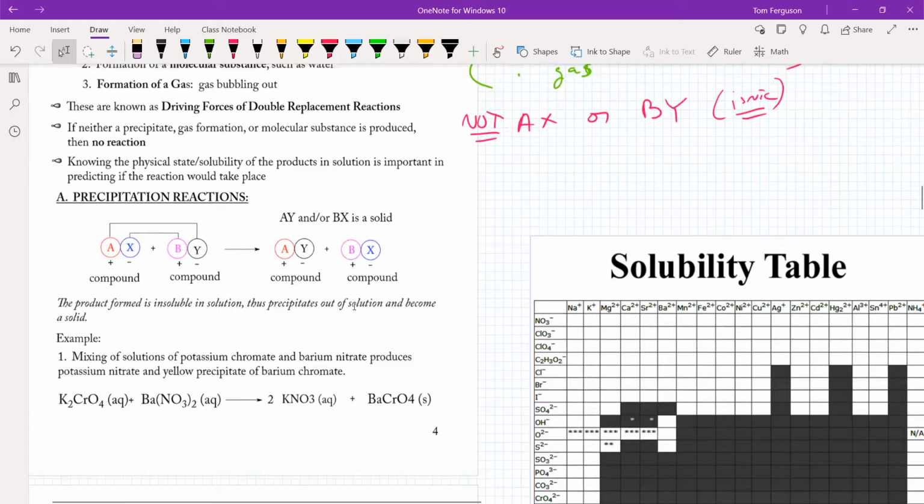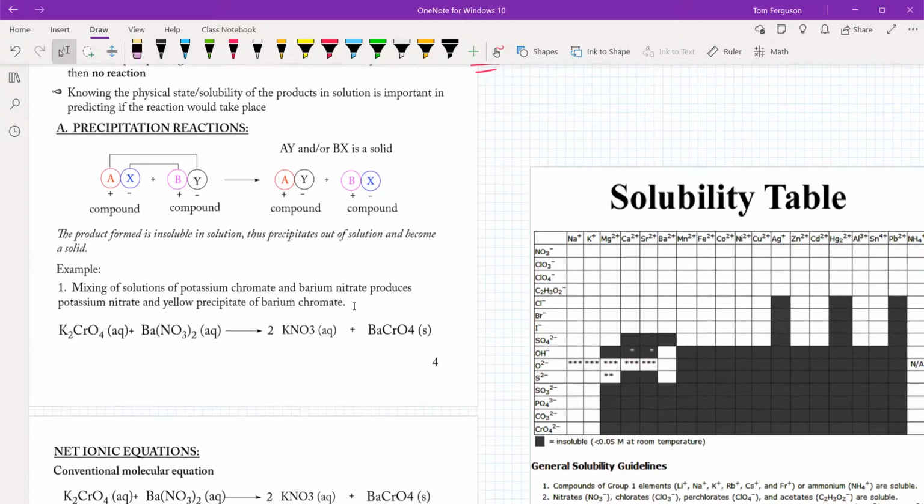Sometimes this is written down in words. I like to use this one because it's very graphic and visual. It's black and white. If it's white, nothing happens. If it's black, that means a solid or a precipitate happens. Okay, so let's look at the first example here.